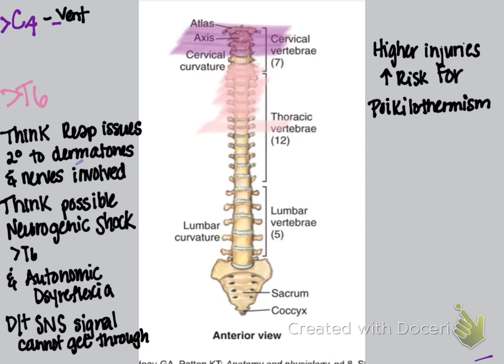So there's all kinds of nursing interventions that you have to think about, such as TED hose, tilt beds, SCDs, just to help get some venous return back. If they're in neurogenic shock, you may have to give them fluids.